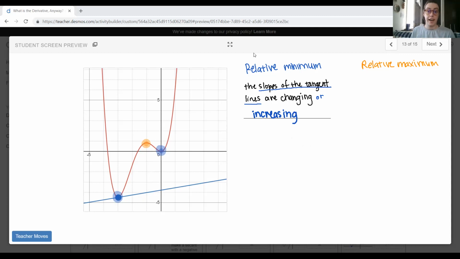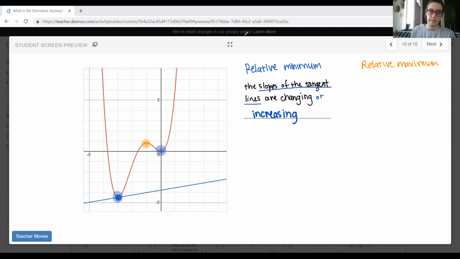Now, the very fact that the slopes of the tangent lines are changing, right? If something is changing, we should be able to find something that's responsible for that change, right? There should be something that measures that change. It's what we call the rate of change, right? So when we think of rate of change, I'm hoping that something's popping into our mind.